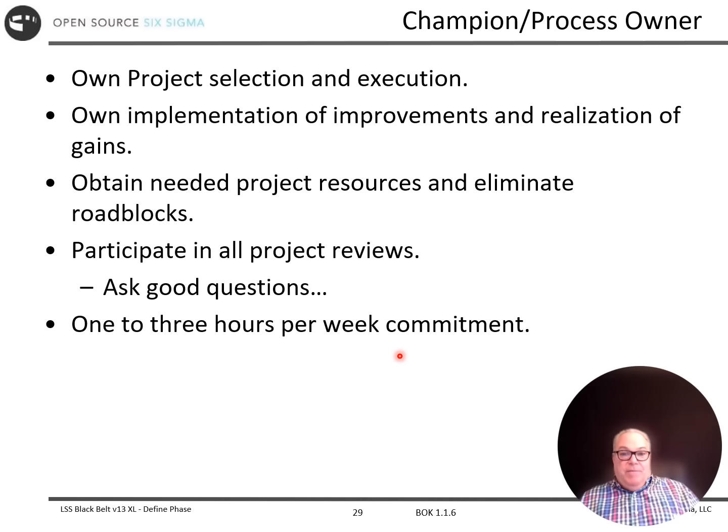So there's some time commitment, just like there's a time commitment from the team and you as the project lead or the belt. They need to do these project reviews. They need to help put the charters together. They have to help launch the team. So some fraction of their week, usually not a big one, but some hours per week would probably need to be spent on the effort, and they will need to balance their schedule and put time in order to make that happen.